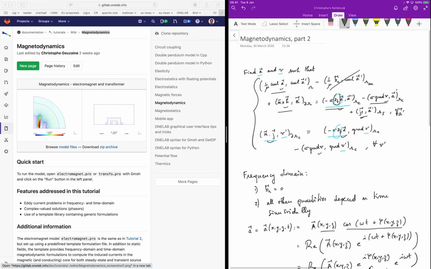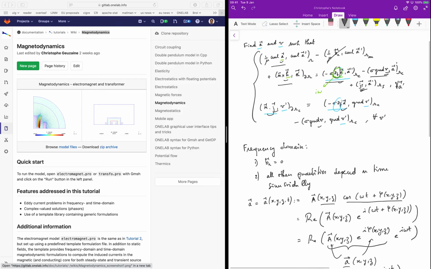I will end up with that equation where dt has been replaced by I omega. And that's it. And all my quantities will become phasors. Oh, whoops, sorry. I don't have BR. I said that I didn't have BR. And I have, okay, all these quantities here that will become phasors with little bars.